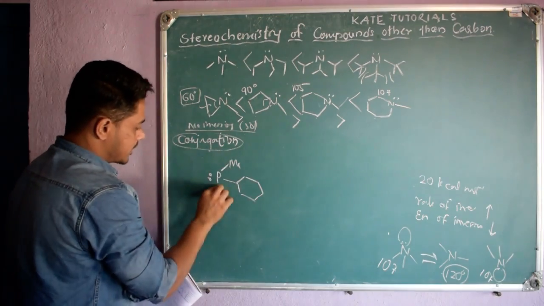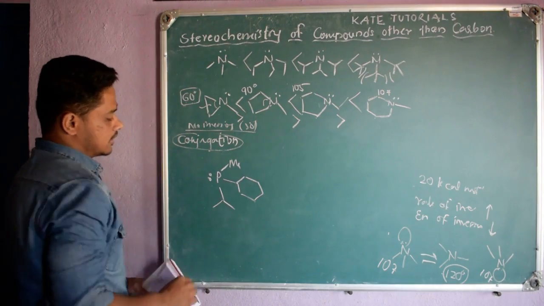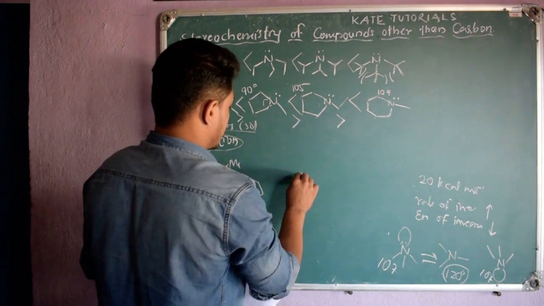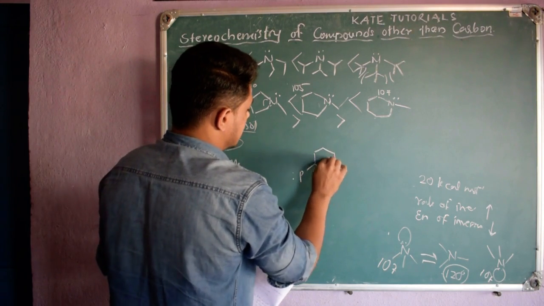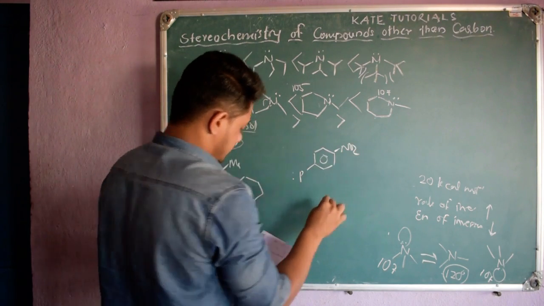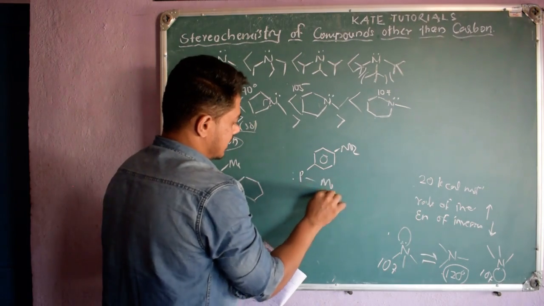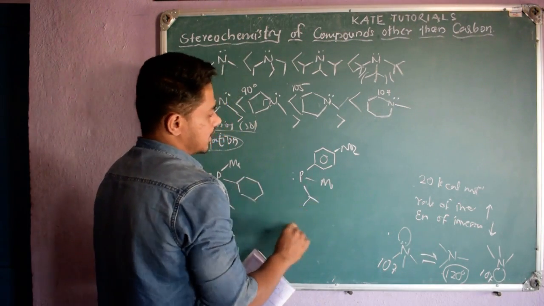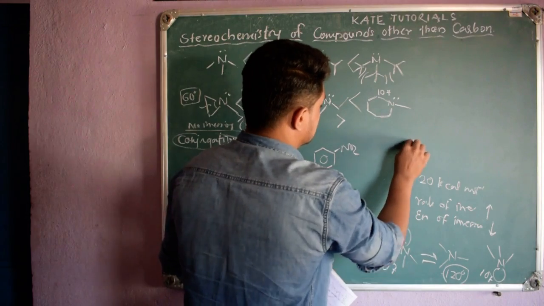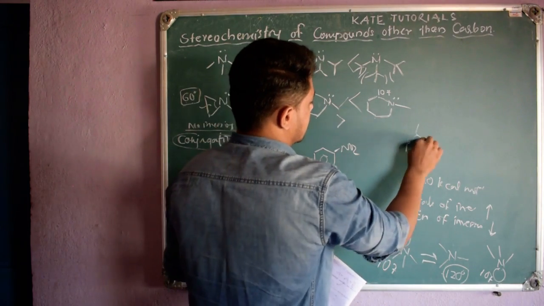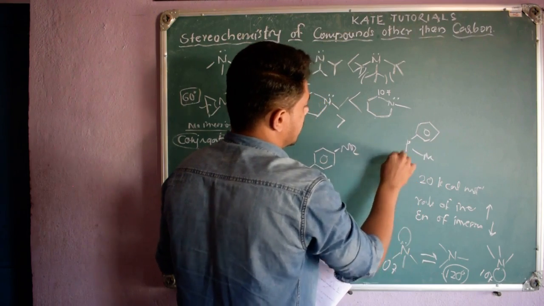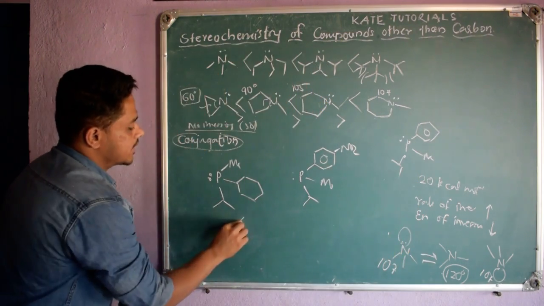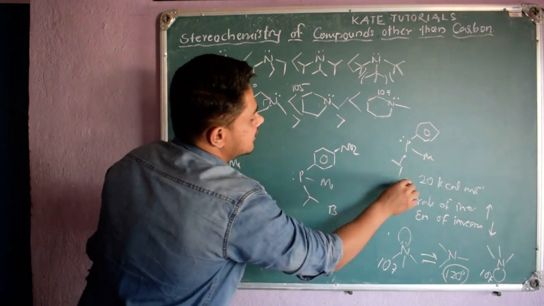Here I have a 6-membered ring and an isopropyl group. Here is one more molecule with a benzene ring, an NO2 at the para position, a methyl and an isopropyl. The last compound has a benzene ring, the same methyl, the same isopropyl, and a lone pair. They have named them A, B and C.